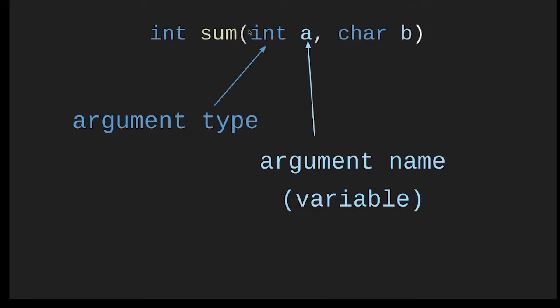But for now, let's think of only the primitive types, which, if you remember, were int, char, long, char, I said char twice, float, double, the same ones that you would return here from the functions. And then the argument name, which we would also call a variable. And then whatever you put in here, you can use inside of your function.